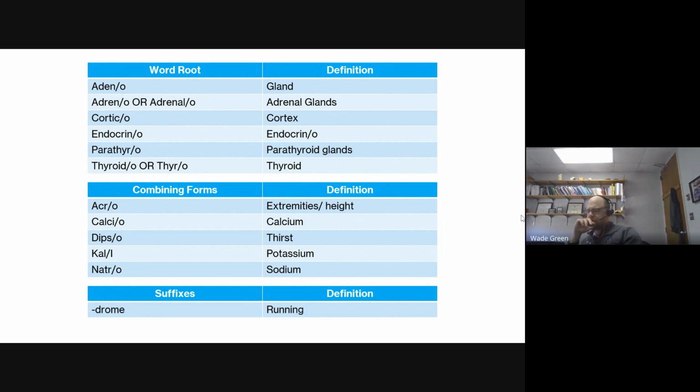Okay, we have calcio, the root combining form for calcium. Dipso means thirst. Polydipsia, which is a symptom of increased or frequent thirst, is very often a sign of hyperglycemia in some cases. Then we have kali or kalo, which means potassium, and natro, which means sodium.